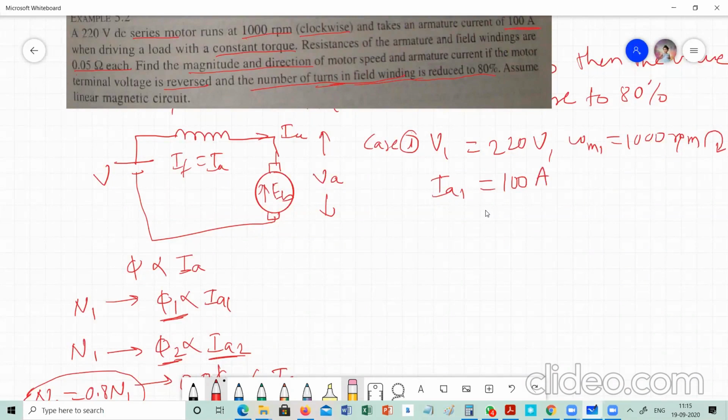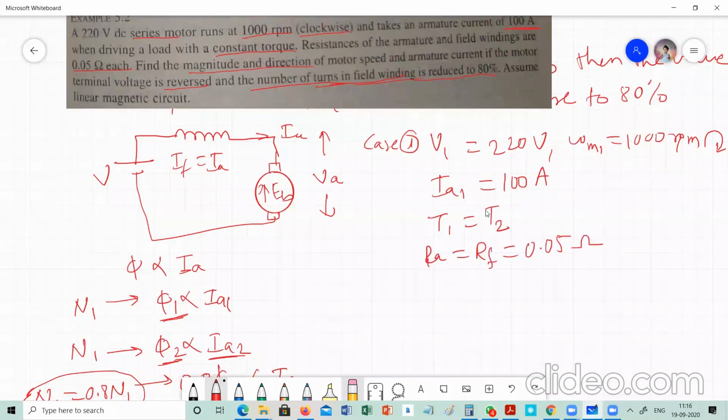Next, they have stated the driving load with a constant torque. Means what? Torque is constant, T1 equal to T2. And the resistances of armature and field windings are 0.05 ohm each. It's what? RA is equal to RF is equal to 0.05 ohm.